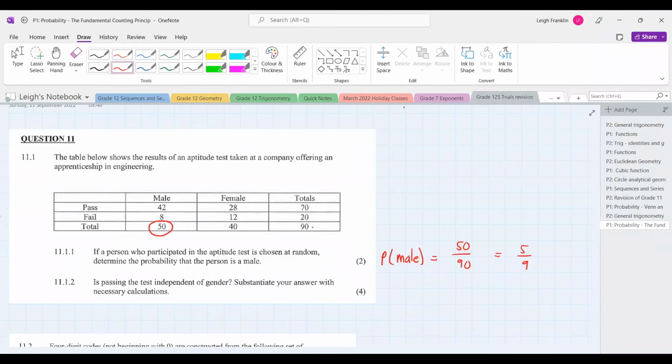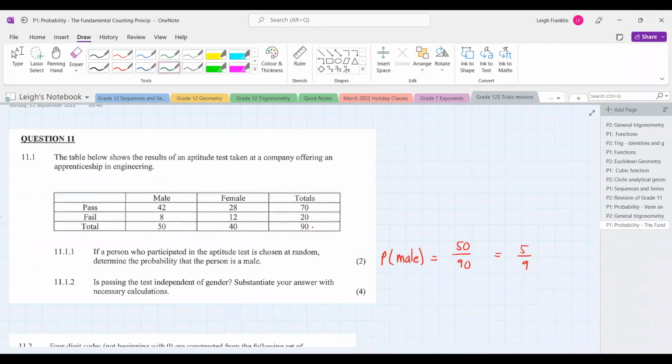All right, good stuff. Now they said, is passing the test independent of gender? Substantiate your answer with the necessary calculations. All right, so now how are we going to work out whether gender has an effect on whether a person passes or fails this test? How do we do that? What do we have to use?